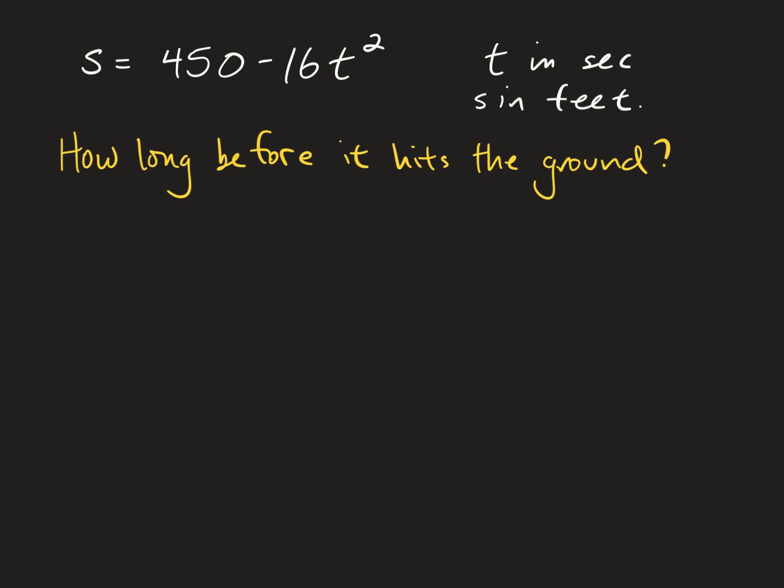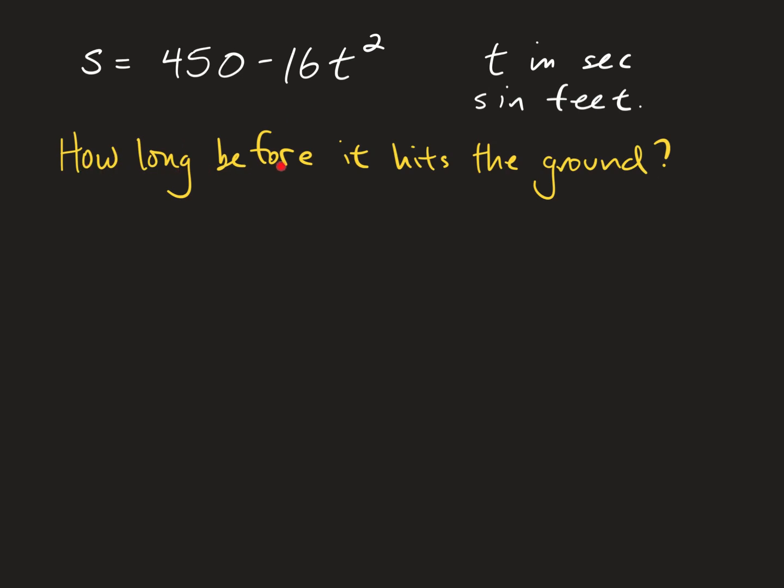Another question that could be asked in this scenario is how long before the object hits the ground. And in order to figure that out, you have to recognize that you're finding a value for t.